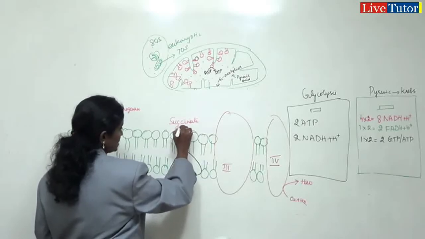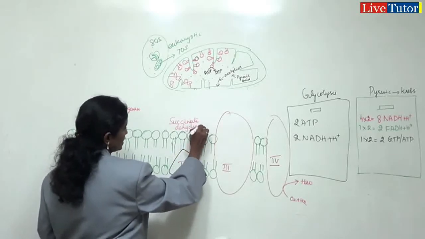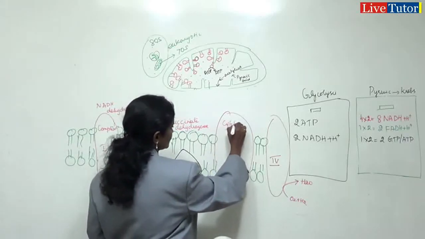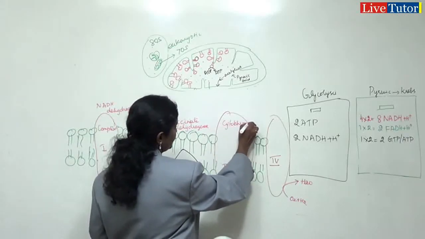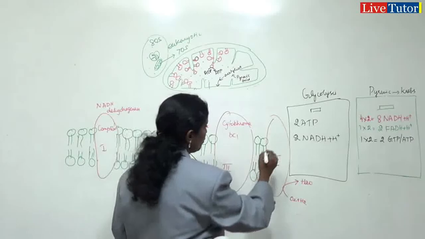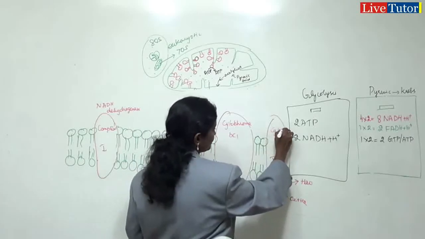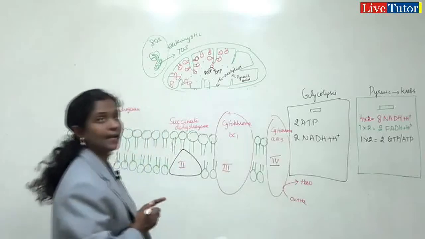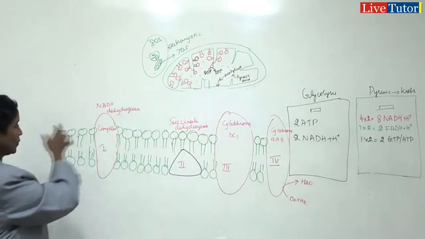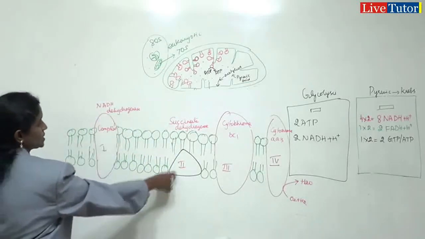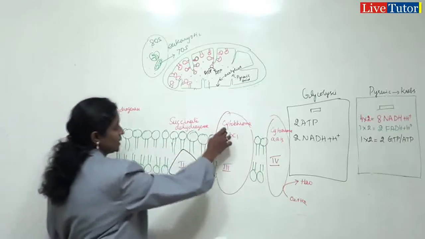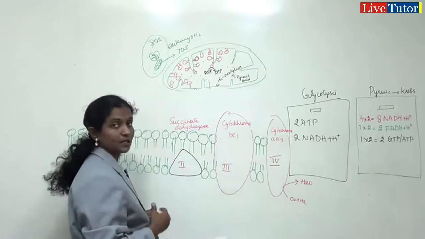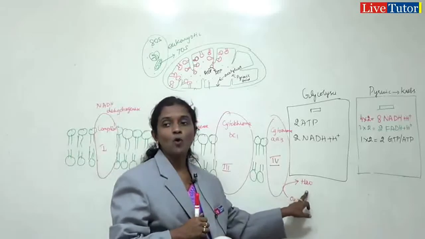Complex 3 is cytochrome BC1, and complex 4 is cytochrome AA3. Okay, I repeat. 1 is NADH dehydrogenase, 2 is succinate dehydrogenase, complex 3 is cytochrome BC1, and complex 4 is cytochrome AA3, wherein water is formed.